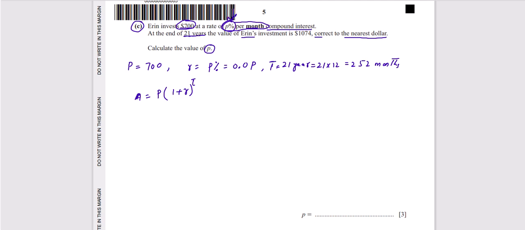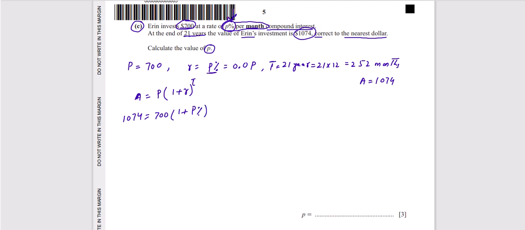So A is equal to 1074. 1074 is equal to P, P is 700, 1 plus R. R is equal to P percentage.